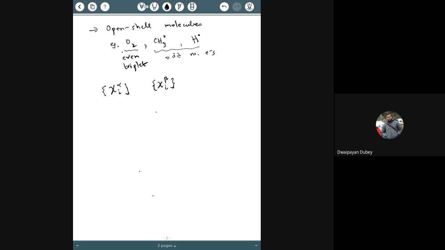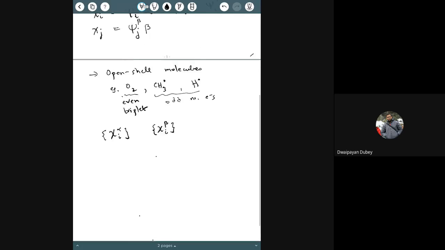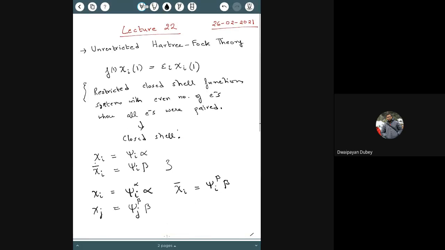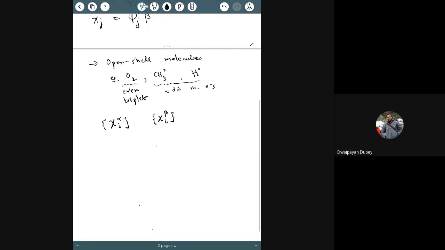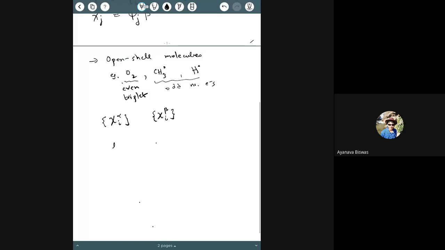So you have two operator equations. Since this operator equation is general, whether it is restricted or unrestricted, we have not made any assumption till we derived that. So now we can split that equation into an alpha equation and a beta equation.